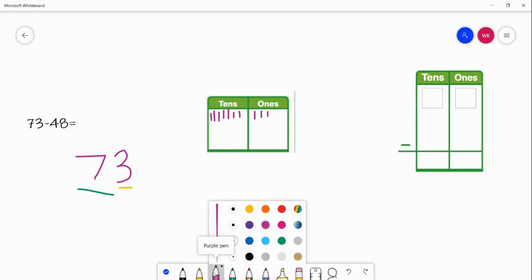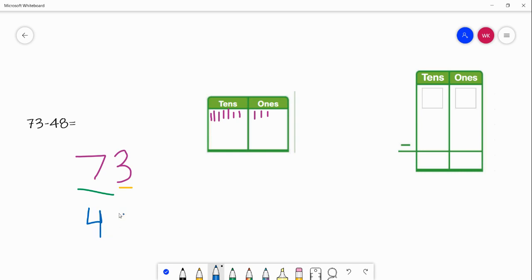Now let's look at our other number, 48. So we have 4 tens and 8 ones. So 1, 2, 3, 4, 5, 6, 7, 8, and 4 tens.